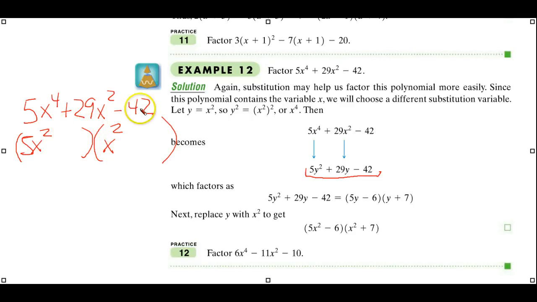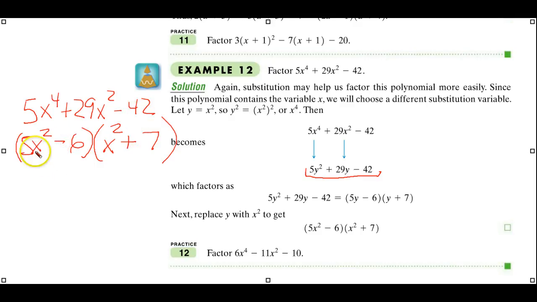Now 42 is a famous one that we factor, and we're going to factor it into a 7 and a 6. Now we want our last term to be negative, so one of these has to be positive and the other combination negative. Well, our middle term is positive, so we're going to make this one a positive, this one a negative.